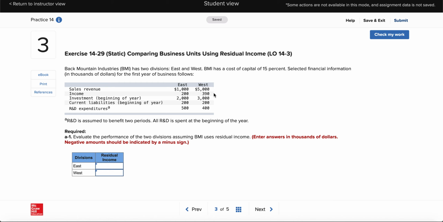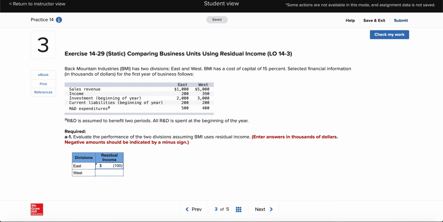So it sounds a lot like the EVA. So the East, if we do the math on this one, we find that our income is $200 less. It's going to be $200 less than the investment times the cost of capital. So we're looking at a residual income of 100.